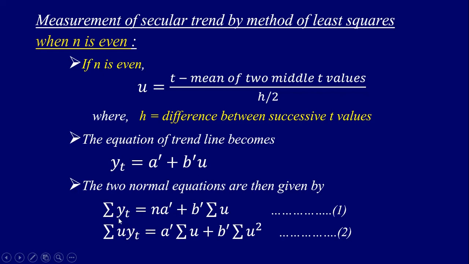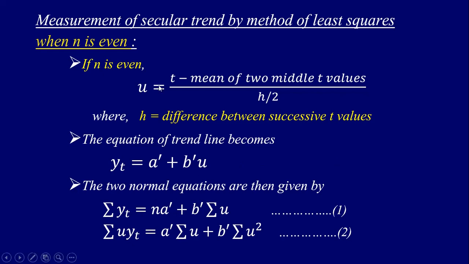Now from given data, we have these four values: summation yt, summation u yt, summation u and summation u square. Substituting these values in these two equations, we can find values of a dash and b dash. Then we substitute values of a dash and b dash in the trend equation, and we get the trend equation for that particular given data.